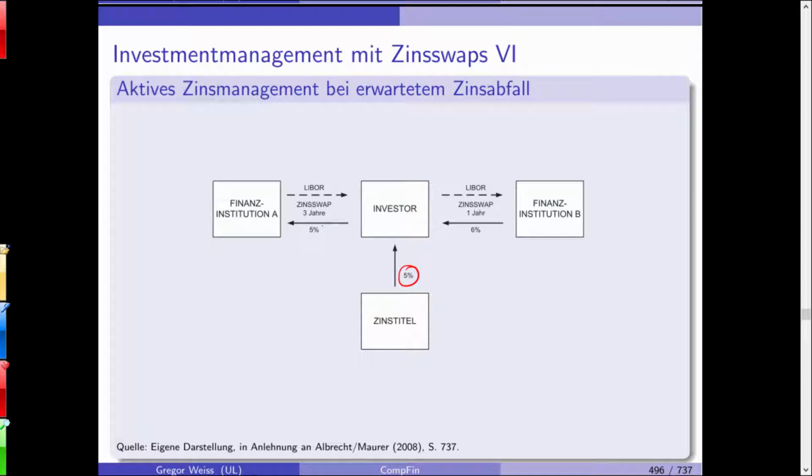We are swapping the 5% in t equal to 1 for the LIBOR, and then afterwards, after interest rates have risen to 7% in t equal to 2, let's call it RM, we can now do a second swap for 1 year and get 6%.